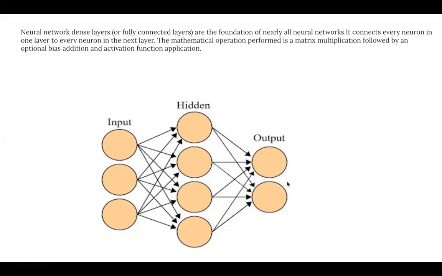You would also use the Dense API to create the dense neural network. Dense means it's also the fully connected layers. So it connects every neuron in one layer to every neuron in the next layer. The mathematical operation performed is matrix multiplication. You pass the weights and the input, and the bias.